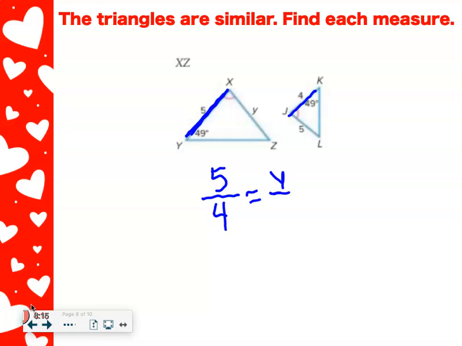Equals y over 5. It's all just a matching game, folks. Do we know what the other angle is? No. 4.5. Or sorry, 6.25, right?